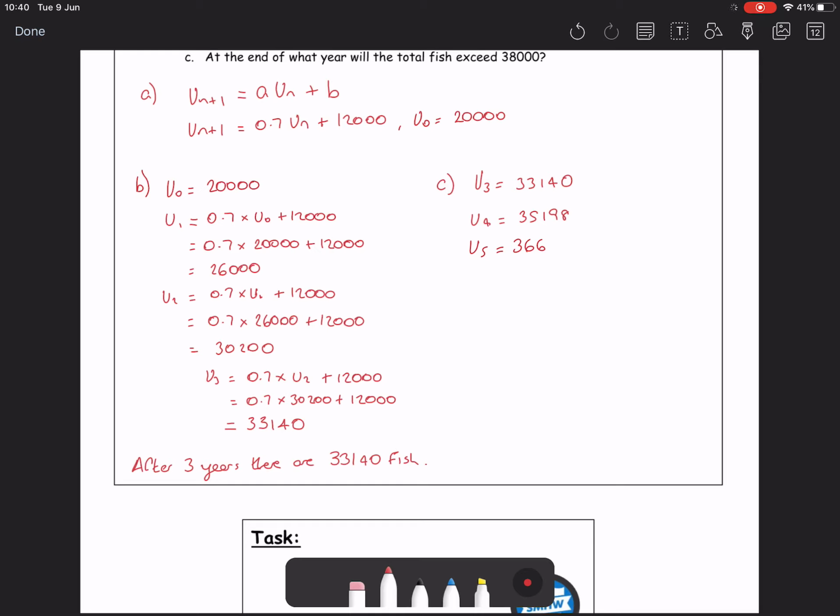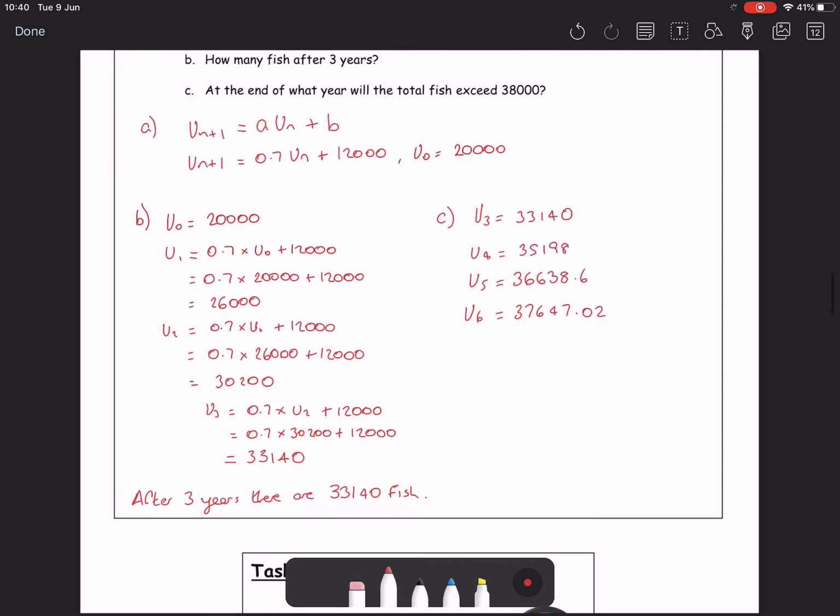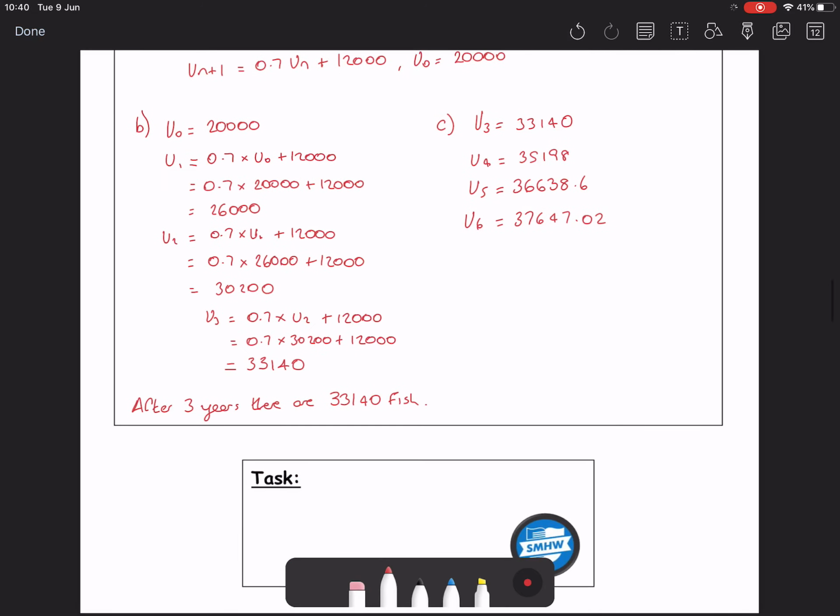I'm creeping towards my 38,000. U6 is equal to 37,647. And equals again, I've made the 38,000: 38,352.914.